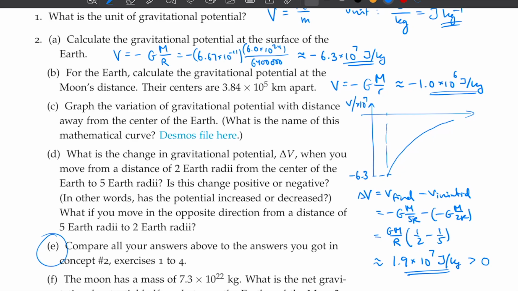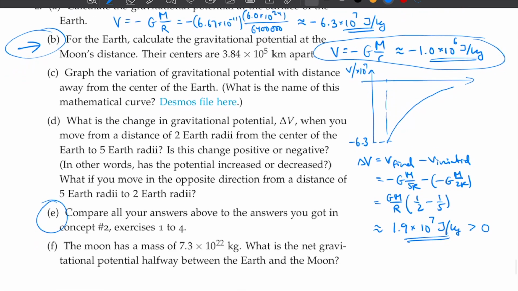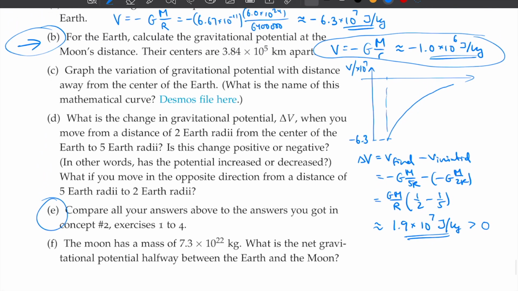For instance in B, if I want to find the gravitational potential energy of the Earth and the Moon system, I need to take this potential and multiply it by the Moon's mass. Then I'm going to get the answer to the previous question. So that should make sense, hopefully.